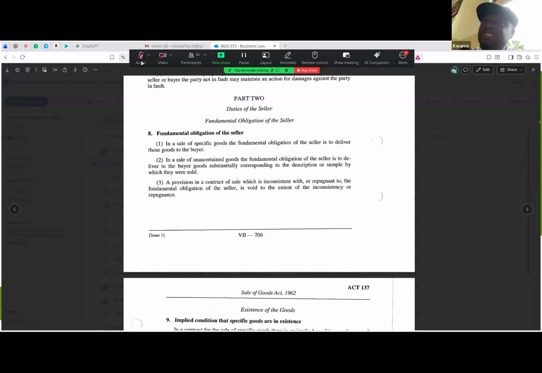So let's say you sell cement and blocks for building. Those ones, they do an arrangement that when you buy, they will take it to your construction site. So the delivery of the goods is done at the construction site. Otherwise, delivery of the goods is done at the shop.